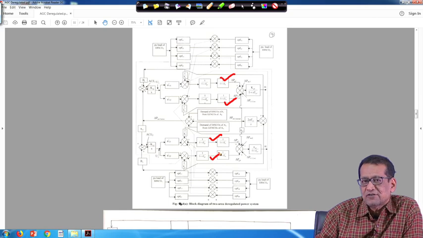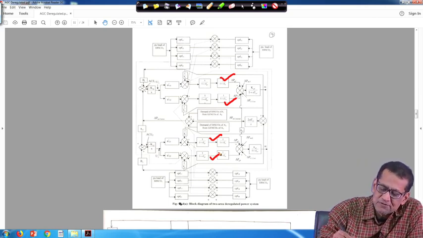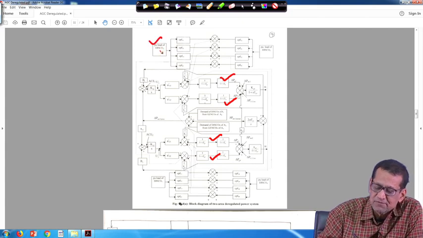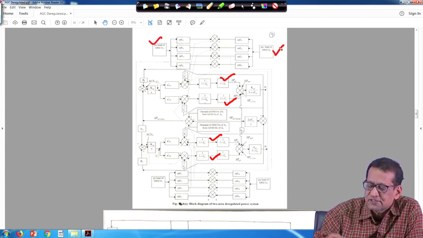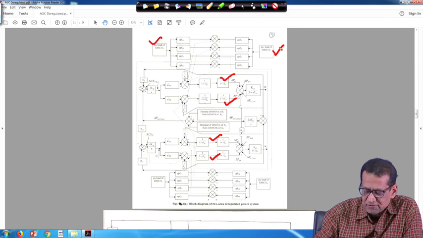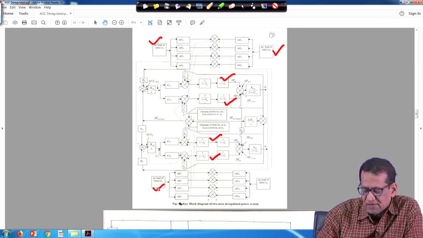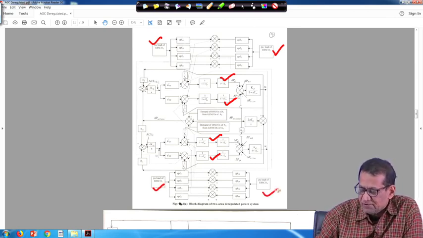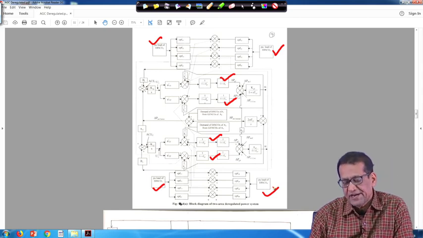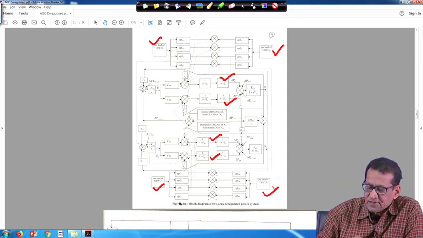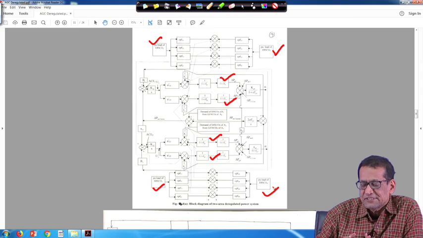Already we have seen for the conventional two-area interconnected system, in area 1 there are two distribution companies, the per unit load of DISCO 1 and of DISCO 2. Area 2 has another two distribution companies, the per unit load of DISCO 3 and of DISCO 4.